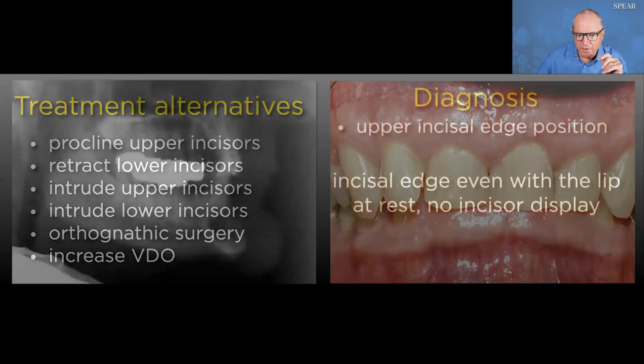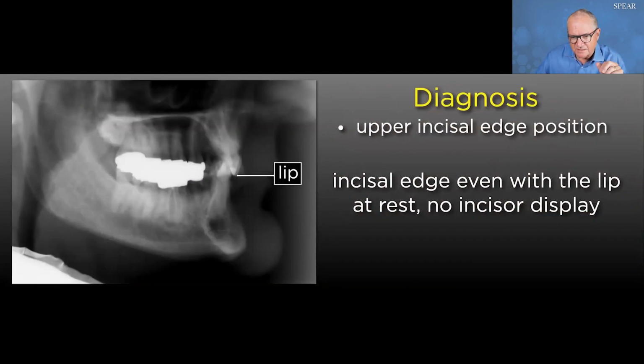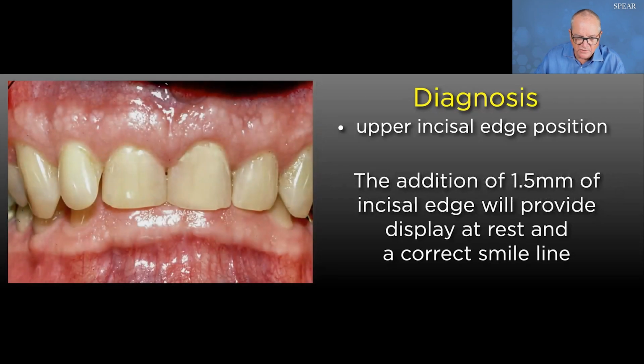So we'll walk through our parameters. His lip at rest, there's no tooth display. His upper incisors are even with his lips, so you don't see anything. So the good news is you don't need to add much. Millimeter and a half to the incisors gets you nice level occlusal plane with the canines and premolars.